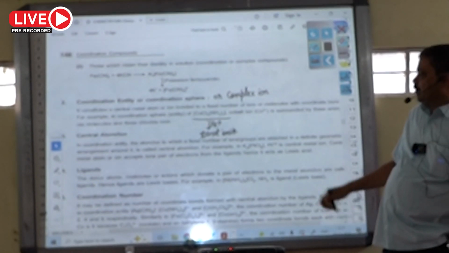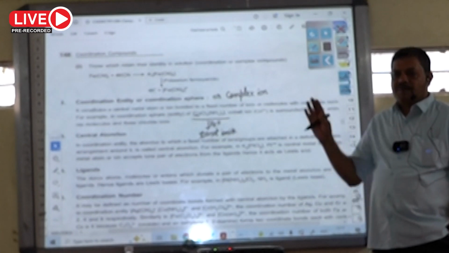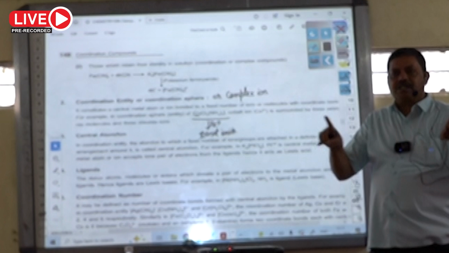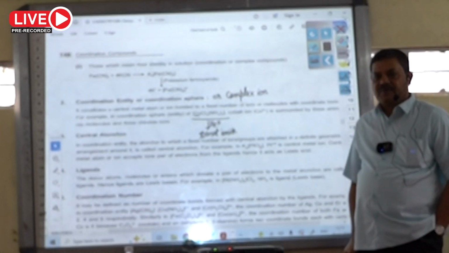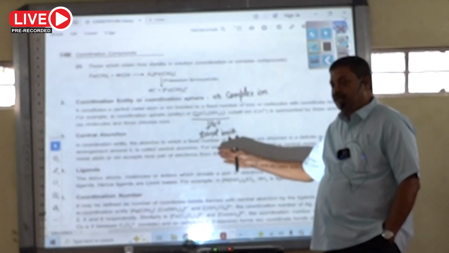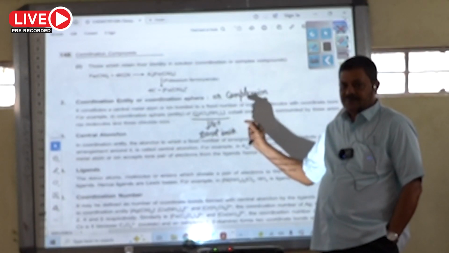Cobalt is the metal here, and some other non-metal species are there along with the metal. Everything is enclosed in coordination sphere or coordination entity or complex compound, which means it won't further break into ions. It exists as a single part.